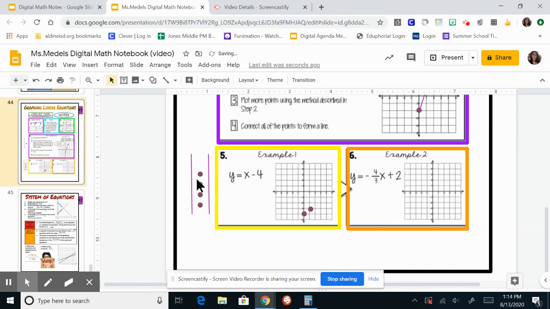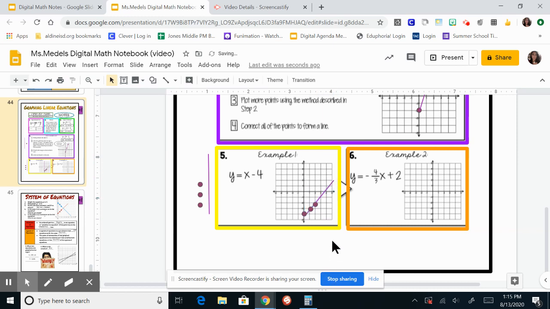It's not going to be perfect, but we can use our lines. From this point, I'm going to go up 1, over 1, again. Not perfect, like I said, but we can get our line, and we're going to try to line up our lines as best as possible.